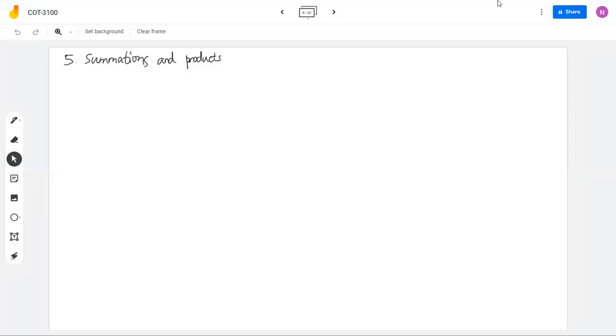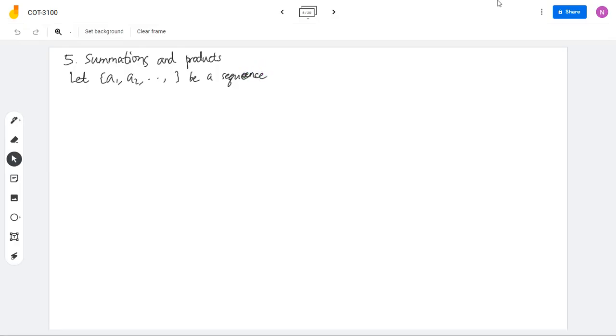Now, summations and the product. Suppose we have a sequence A1, A2, and so on.